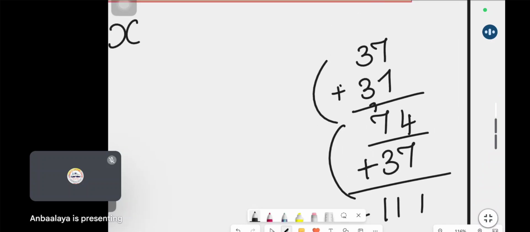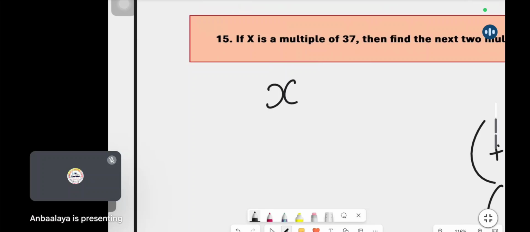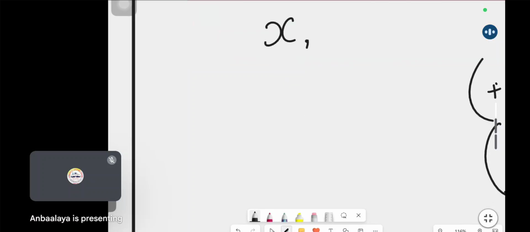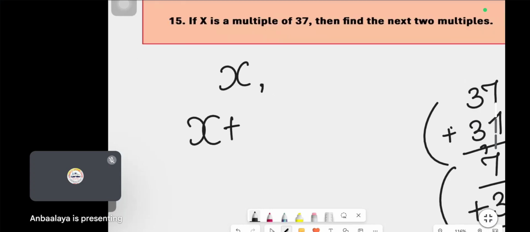Plus 37, plus 37. In the same way, the first number is x. Can you tell me what the next number is? X plus 2? No, x plus 2 is wrong. X plus 37 is the next multiple.